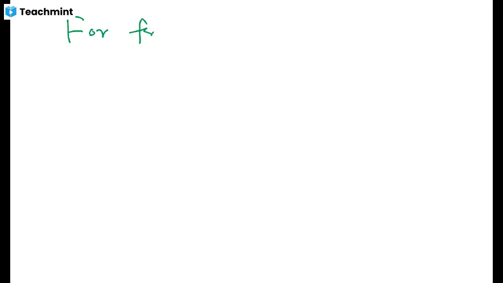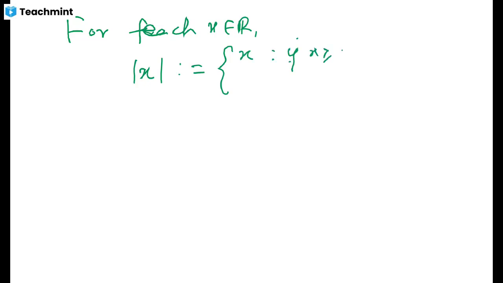Let me write: for each real number x, mod of x, read as mod of x, is defined as another real number. It will be x if x is bigger than or equal to 0, and it will be minus x if x is less than or equal to 0.